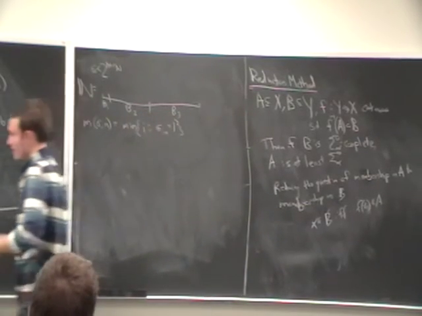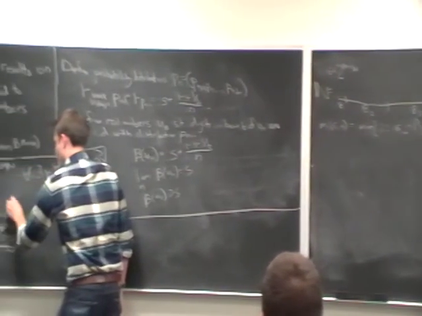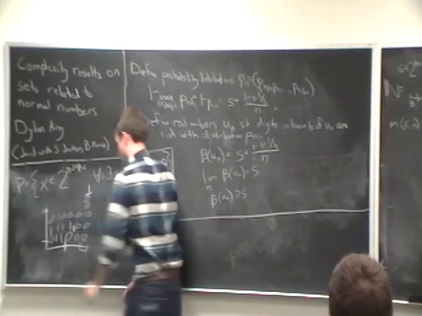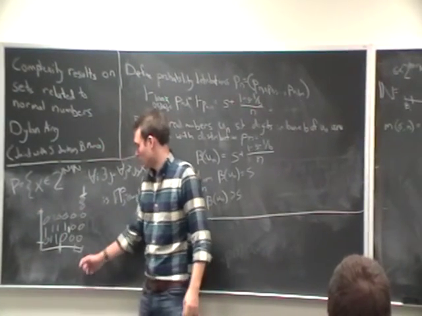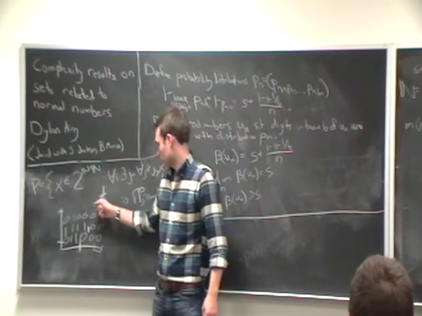In other words, if you look at column n, you look at what row number you have to go to in order to get a 1. For example, if this is our sigma and this is our n, then m of sigma, n would be equal to 6.